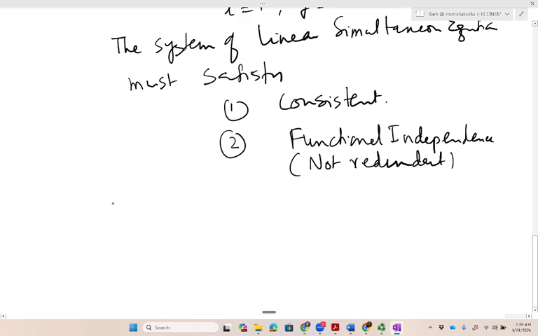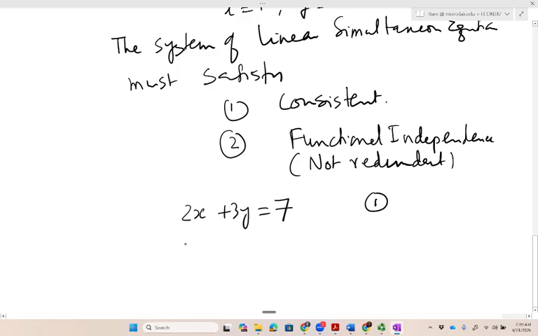If we have this situation, then we will be able to get a unique solution for the system of equations. So let's have an example where we indeed are able to get a unique solution. So my first equation, 2x plus 3y equal to 7. I will give example for only two equations, two unknowns.